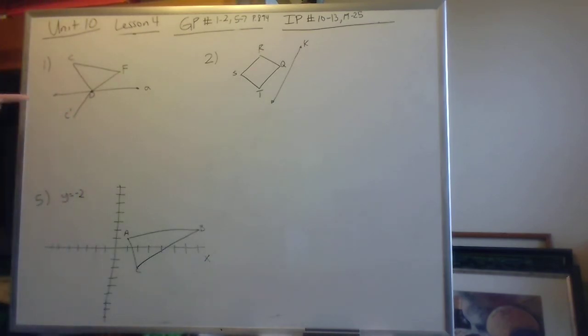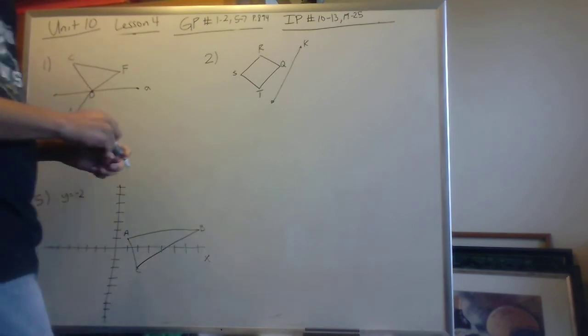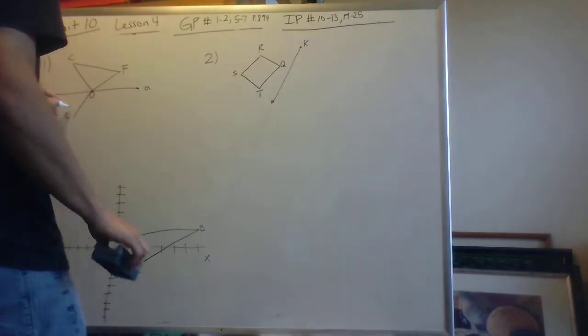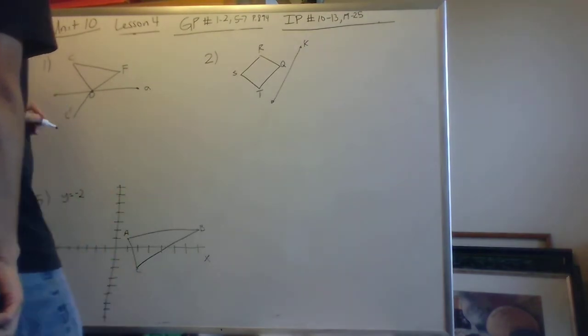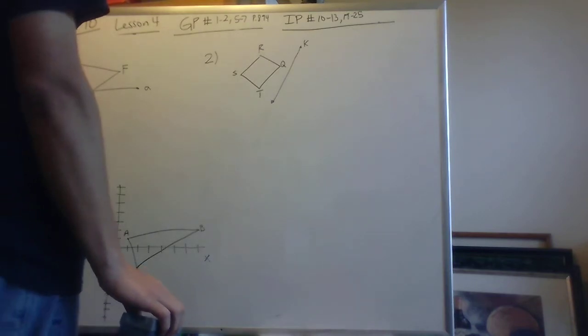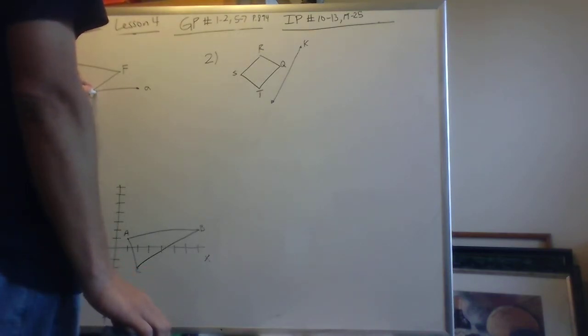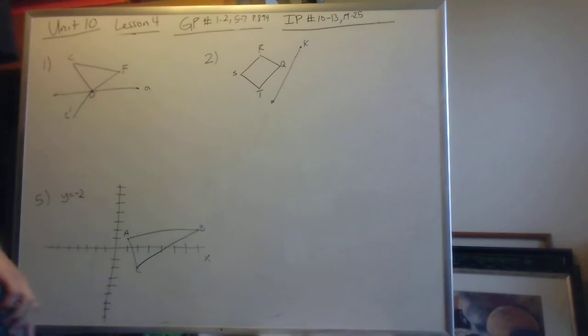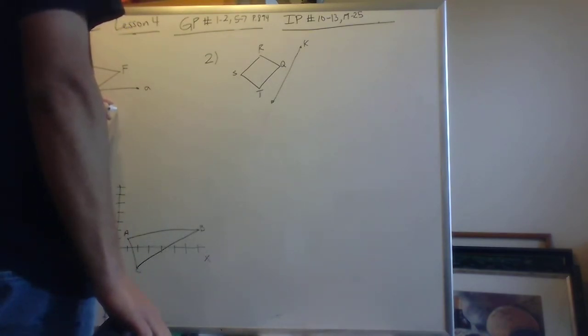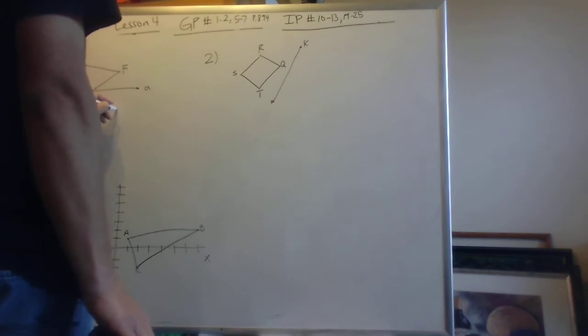Prime is like a little apostrophe above C. What that means is it's just the point C after we reflect it over that line. All right, so we have C right there, and D prime is going to be right here. And essentially F is going to be right about here, or F prime.